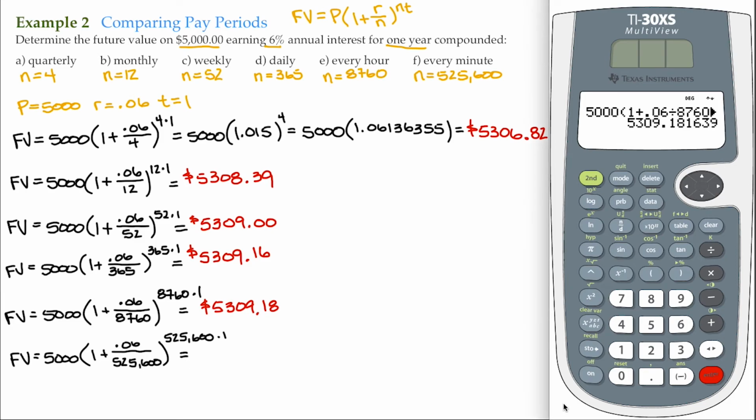But here we go in our calculator. 5,000 times 1 plus 0.06. And you just have to be careful as you type it in. 525,600, and close it off. Do you see it right there?